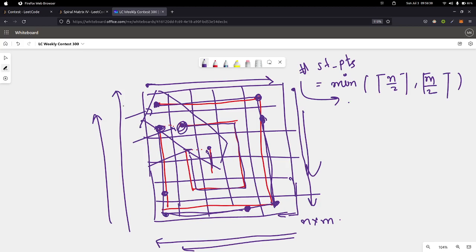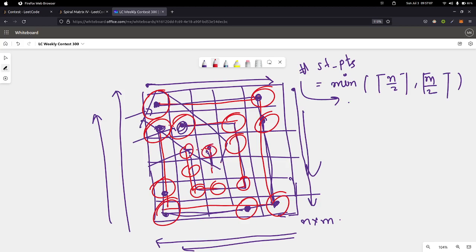So basically, these are the cells which are starting and ending points for each layer, you can say. So these are the starting and ending points in each layer.